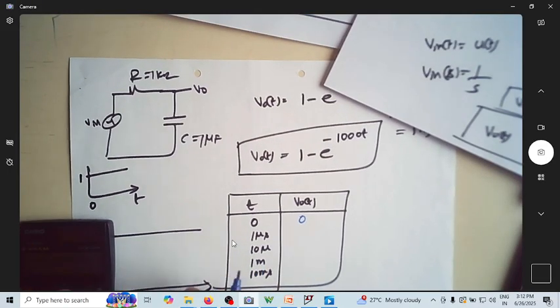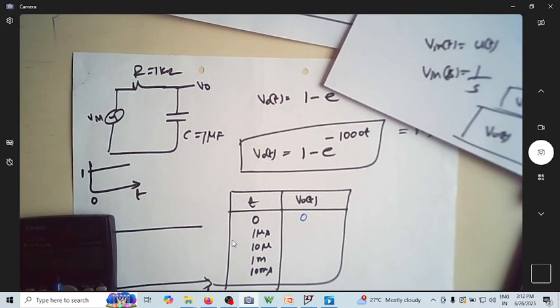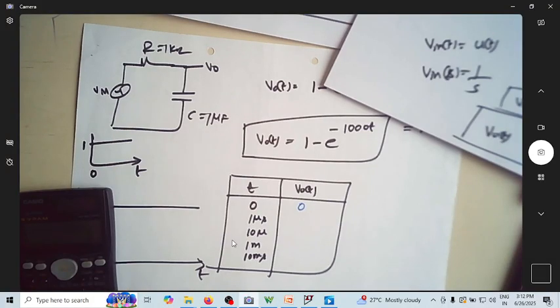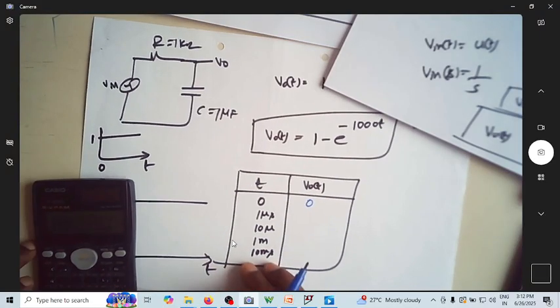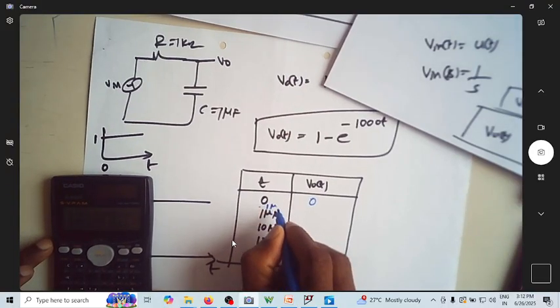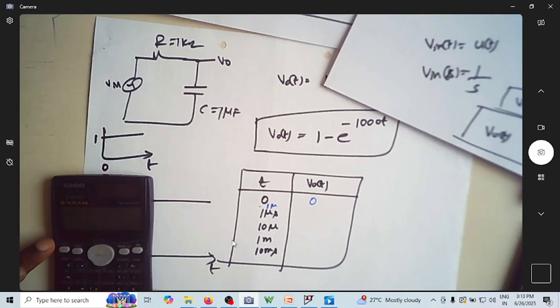Let me close the parenthesis here, e to the power of minus 1000 into alpha a, close the parenthesis, calculate. Or even let me give it as 0.1 micro, so maybe 0.1 exponential minus 6.